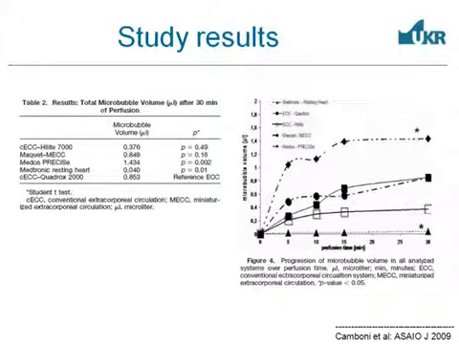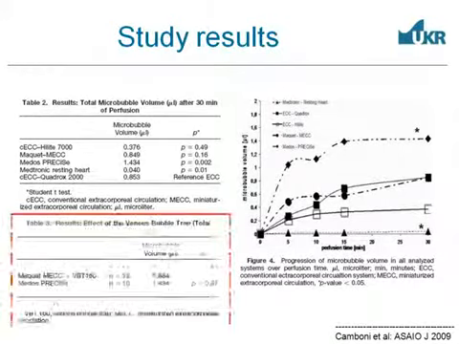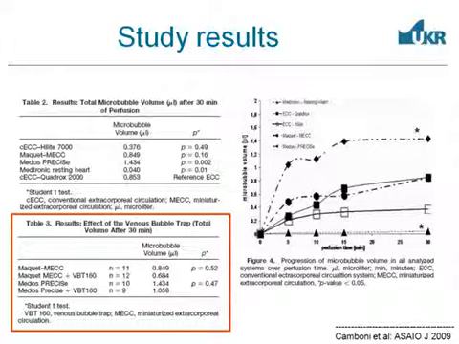The resting heart system, the mini ECC with all the filters and bubble traps, was extremely good in eliminating the microbubbles, while the Medos Precise system did much worse, and the Maquet MECC system was about the same as the standard ECC. So that was our clinical experience before. And when we now added these venous bubble traps, to our surprise, we found no difference.